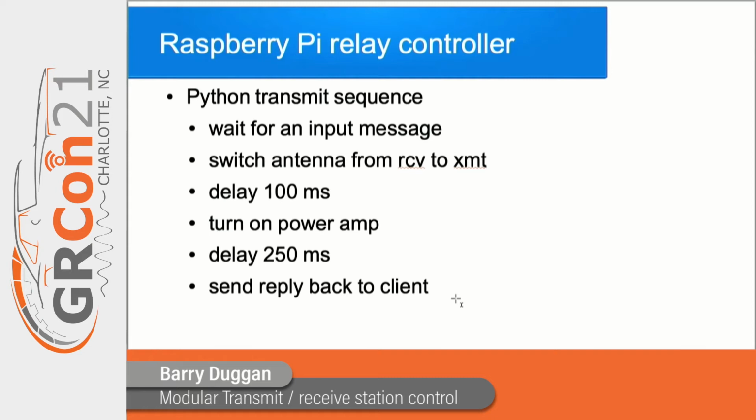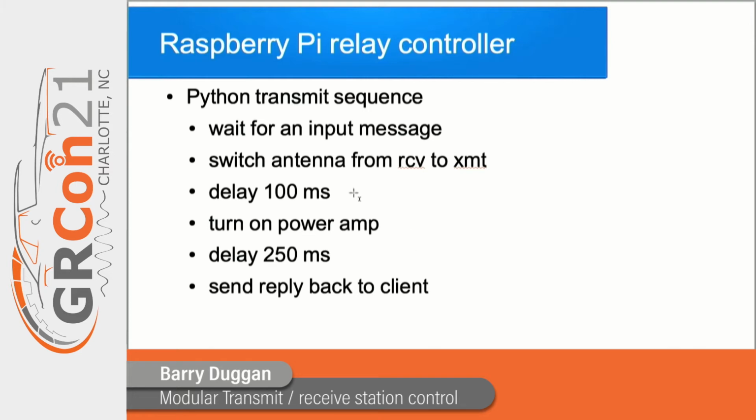So in the Raspberry Pi relay controller, there is a straight Python program, and it waits for an input message. And then if it's told this is the transmit sequence, it switches the antenna from receive to transmit, delays 100 milliseconds, turns on the power amplifier, delays another 250 milliseconds, and then sends a message back to the client, which was the transmit receive package.